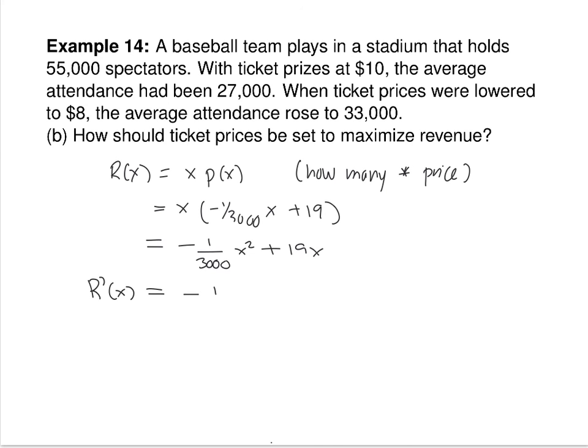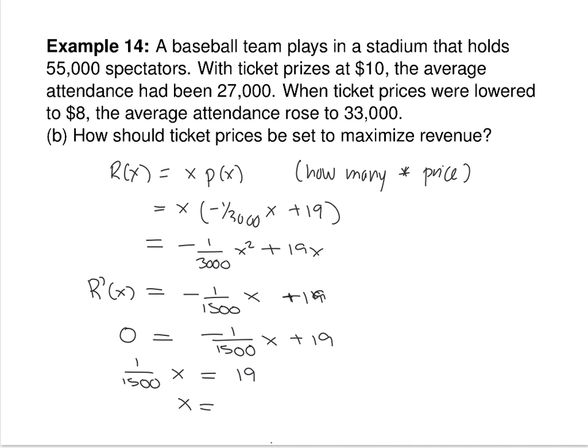So that's going to be negative 1 over 1,500 x plus 19 is the derivative. Set it equal to 0. I got 28,500.